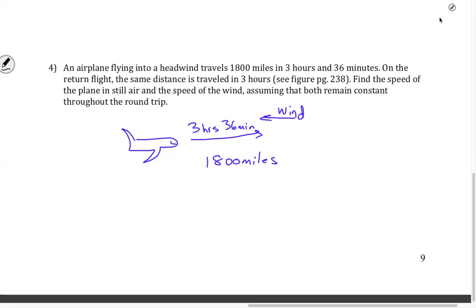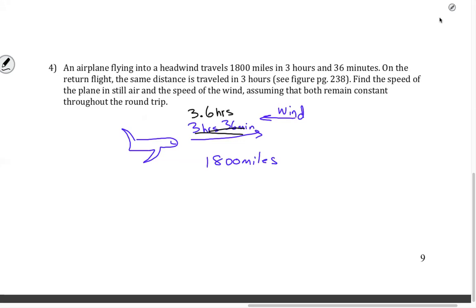I hope those shoe collectors don't listen into this. Hansi, how many minutes are in an hour? 60. So it's 36 divided by 60, which is 0.6. So instead of writing 3 hours and 36 minutes, I want you to write 3.6 hours.